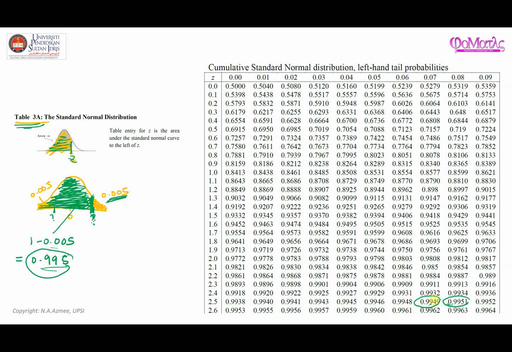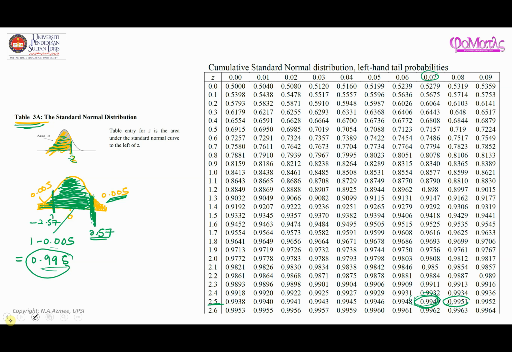Let's say you choose this value, 0.9949. Therefore, your Z is going to be 2.5 plus 0.07. So the value here is going to be 2.57. And the value on this side is also going to be the same, just that it has a negative sign, so negative 2.57.